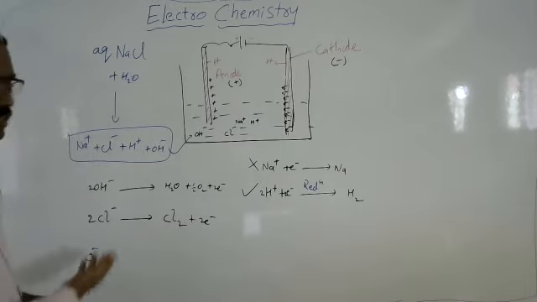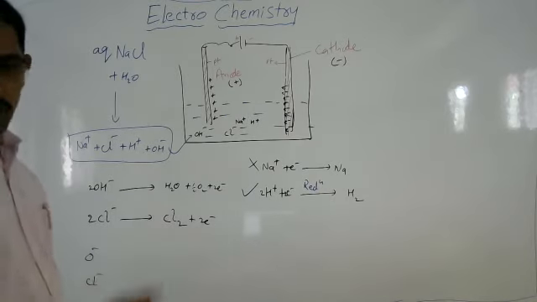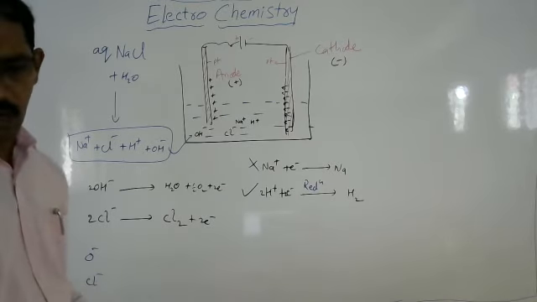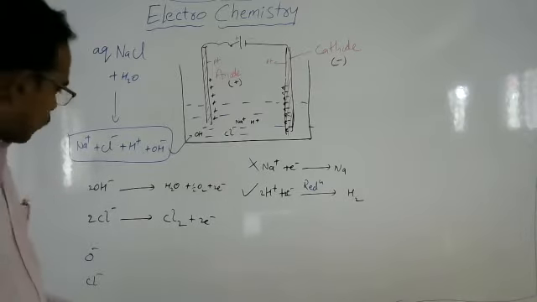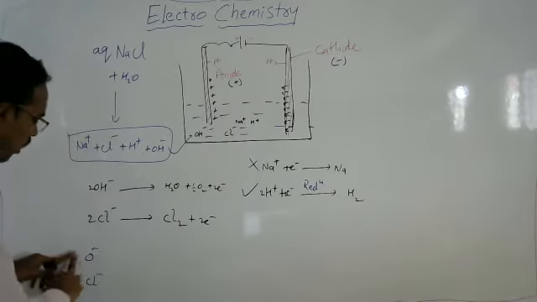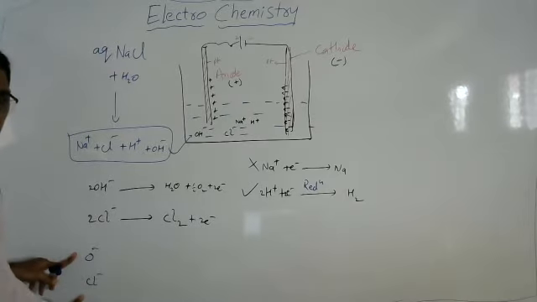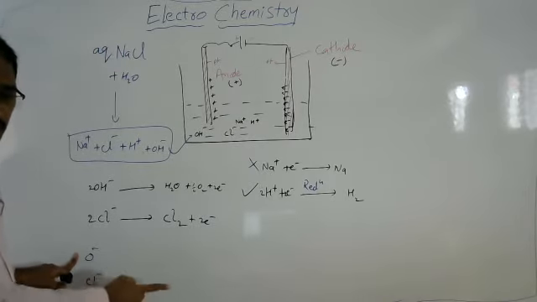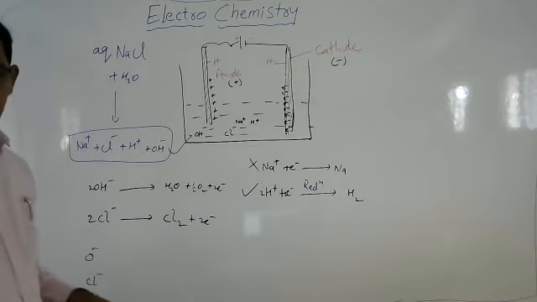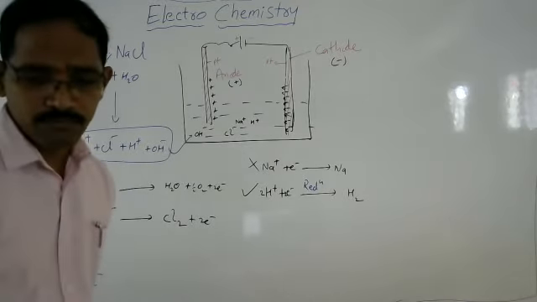Chlorine is at the third or fourth position; nitrogen and chlorine are almost equal. So now the question is, oxygen and Cl, which is ready to lose the electron?